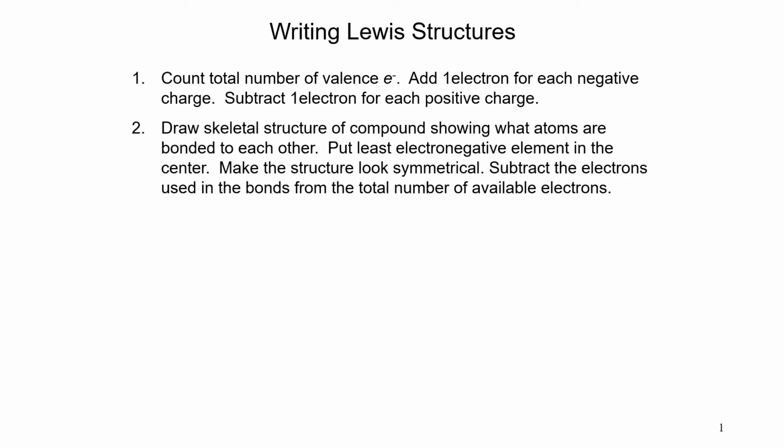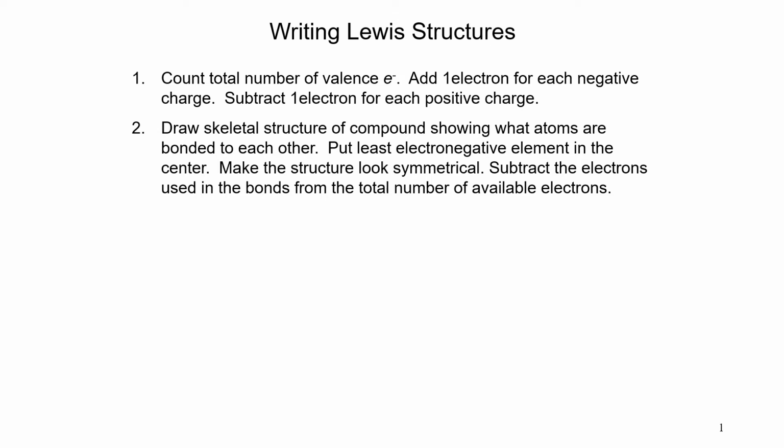Now that we have the total number of valence electrons that are available to use in our structure, we're going to draw a skeletal structure of the compound and show that the atoms are bonded to each other. So some rules here, we're going to put the least electronegative element in the center, and we're calling that the central atom.